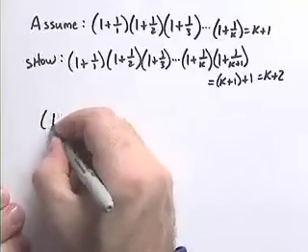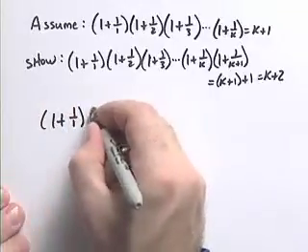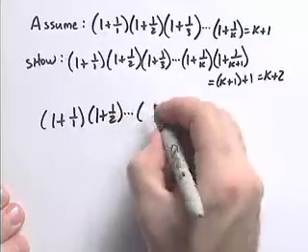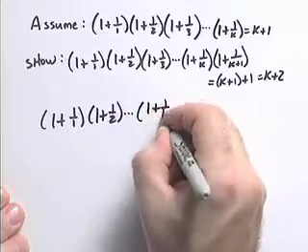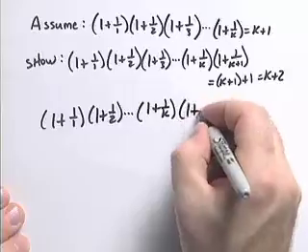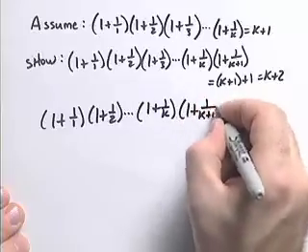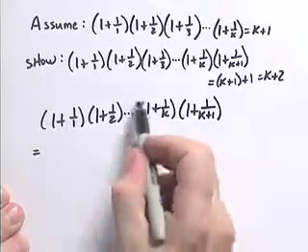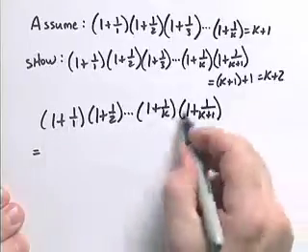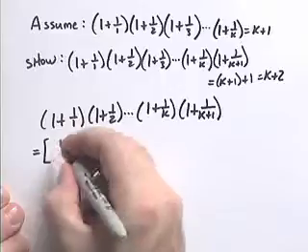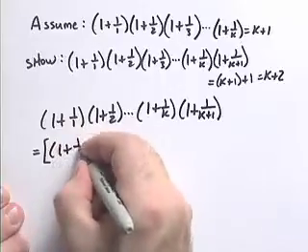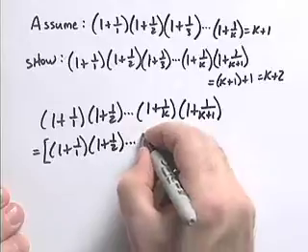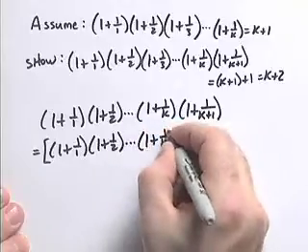So we're going to get (1 + 1/1)(1 + 1/2)... (1 + 1/k)(1 + 1/(k+1)). Now we can group everything together except for this last factor. So we'll have (1 + 1/1)(1 + 1/2), and so on, times (1 + 1/k).